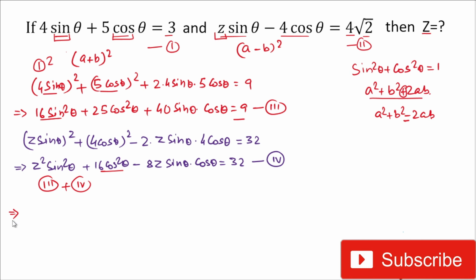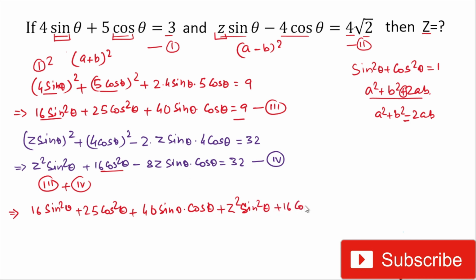We get 16 sine square theta plus 25 cos square theta plus 40 sine theta cos theta, and from equation 4, plus z square sine square theta plus 16 cos square theta minus 8z sine theta cos theta, equal to 9 plus 32.